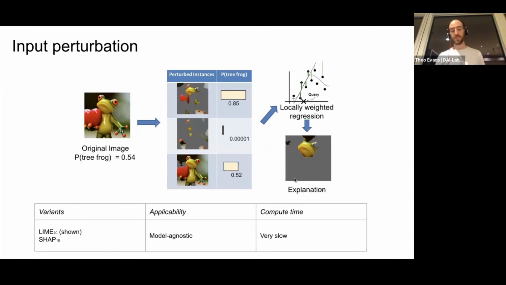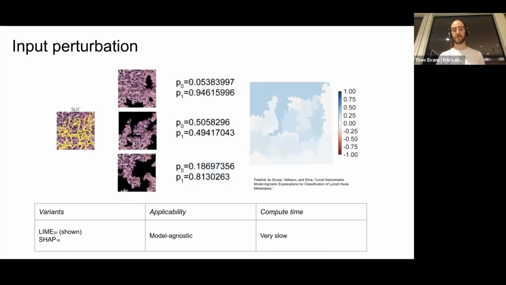So it comes with its downsides, but this is an interesting approach within this context. And we see the same approach applied to a pathology image, giving some kind of heat map for which parts of the image are most relevant for, for instance, a classification of cancer.